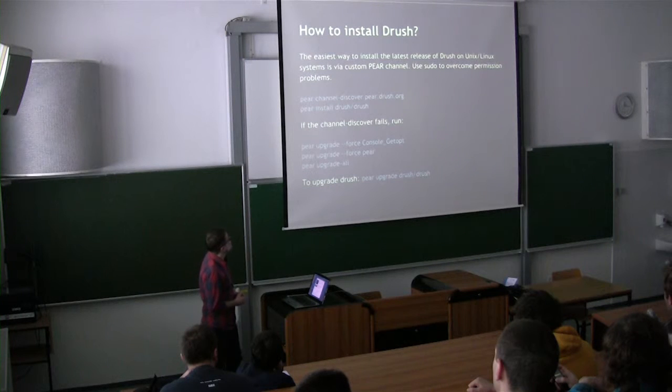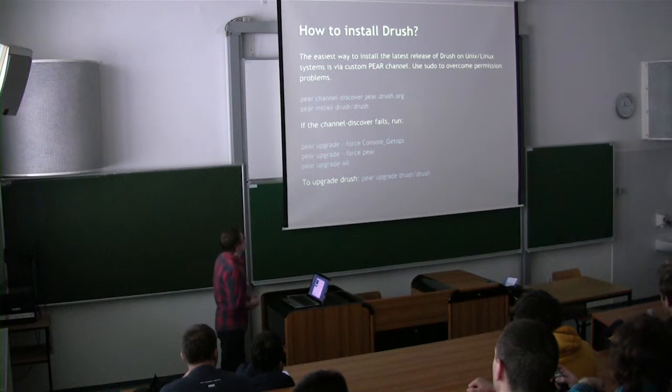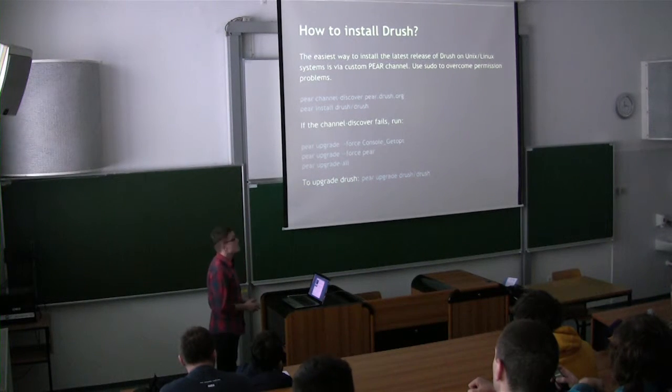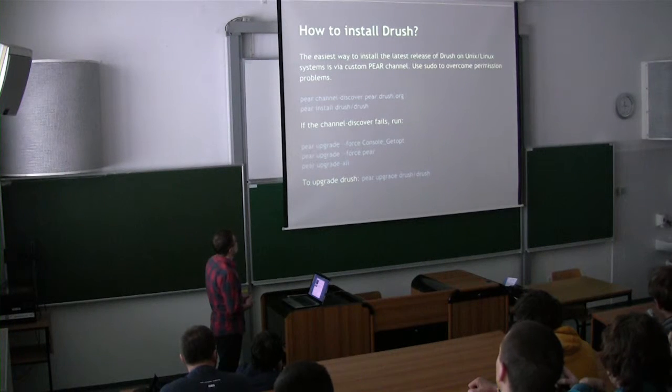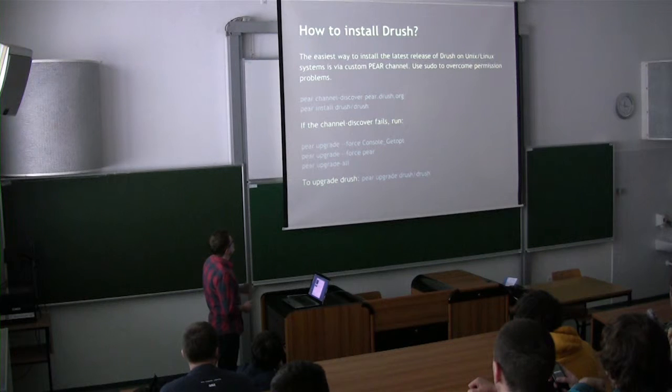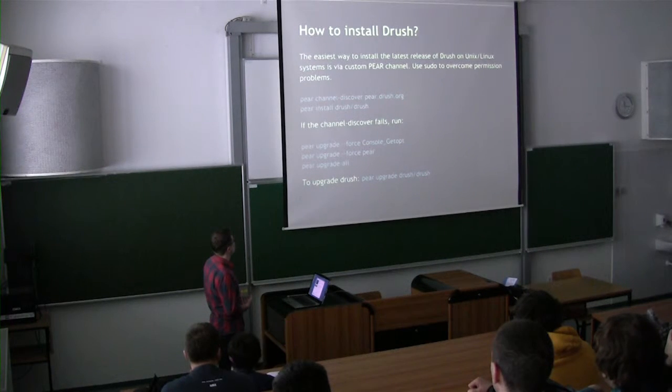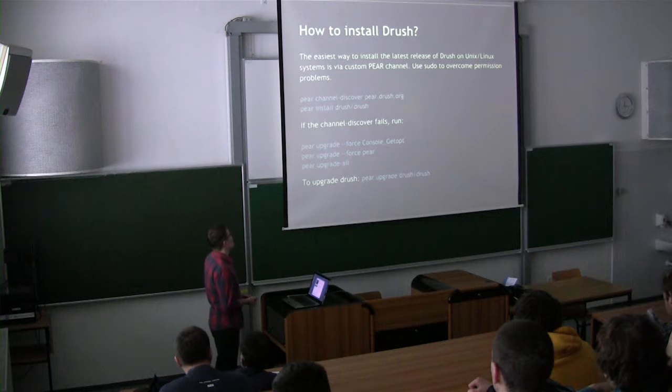Also, the easiest way on Unix systems to install it is via PEAR. You can add a custom PEAR channel via channel-discover, install Drush, and if for some reason the channel discovery fails, you can upgrade your Console_Getopt and force a PEAR upgrade.